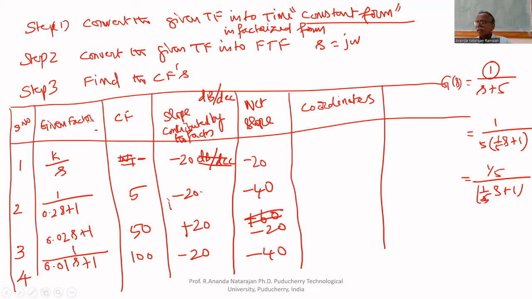Now we have to find the coordinates. If you find the coordinates, you can immediately draw the plot. What is the smallest corner frequency? 5.